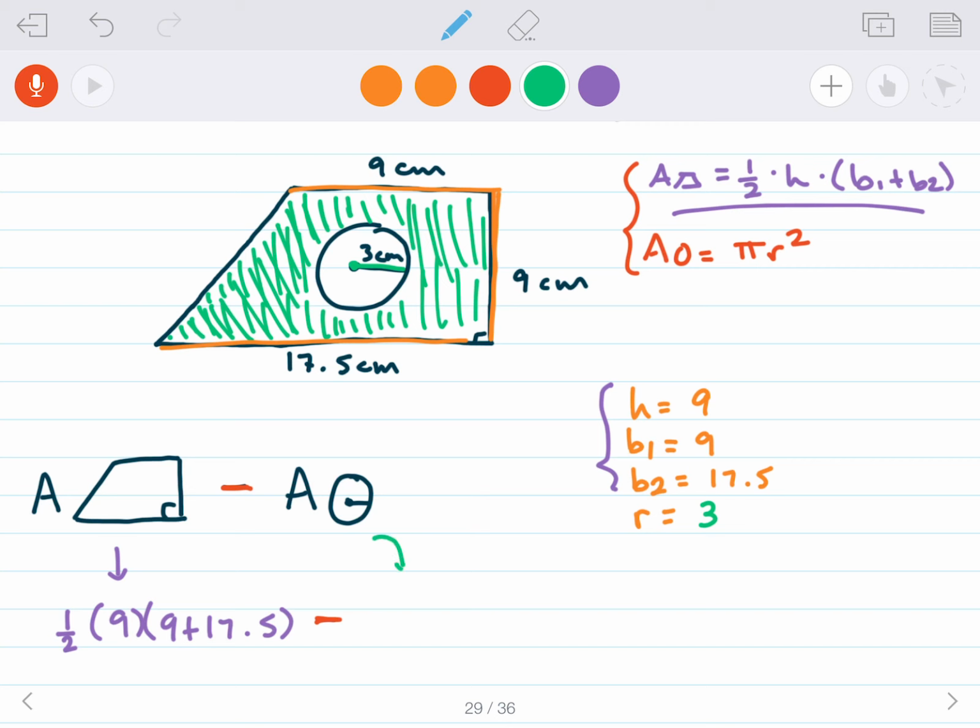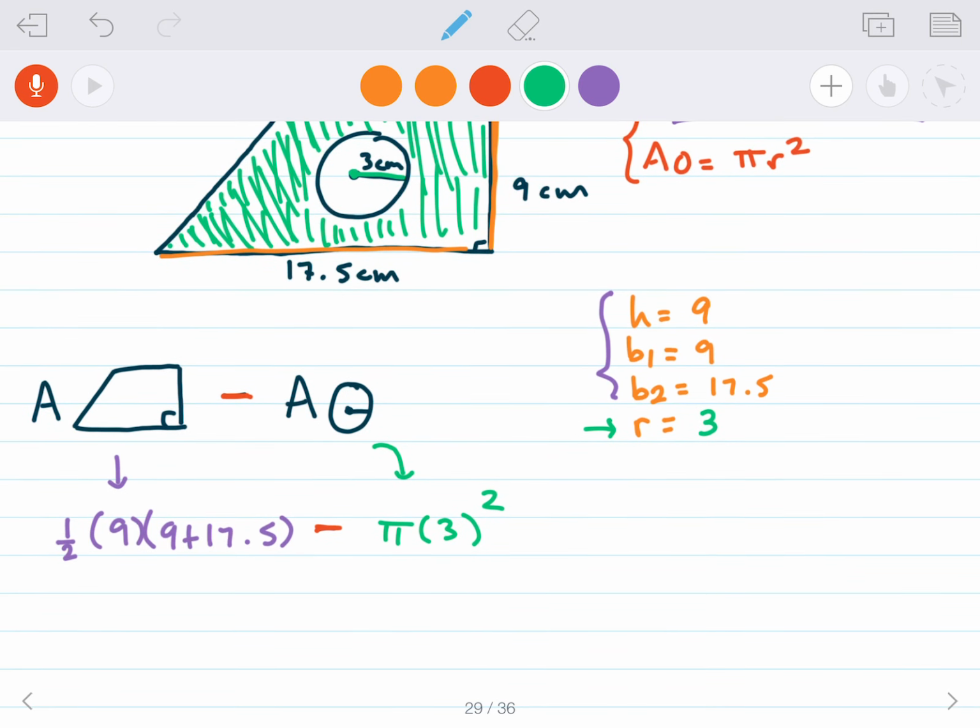So the area of the circle is going to be pi times the radius, which was 3, squared. Okay, so let's go ahead and get some numbers here. So if I first do what's in parentheses, 9 plus 17.5, I get a half times 9 times 26.5, and then minus, I'll just do this off the cuff, 3 squared is 9, so this is pi times 9.